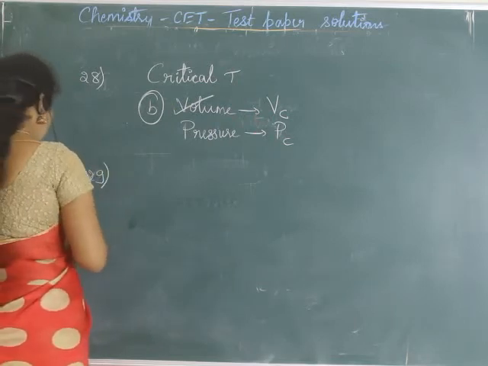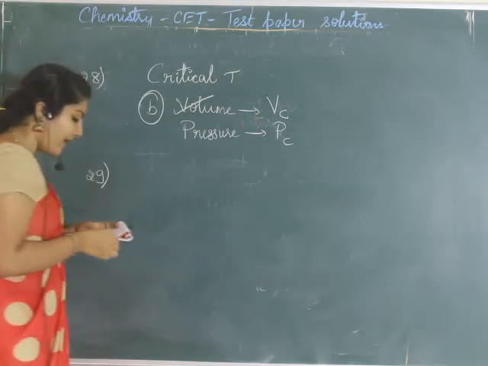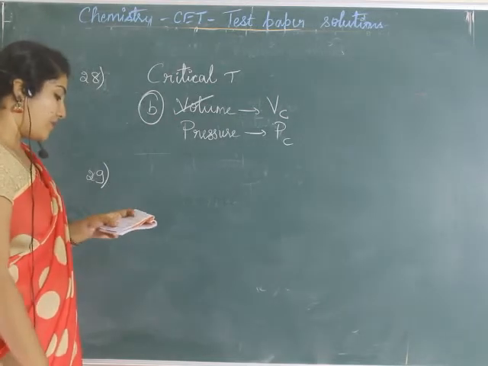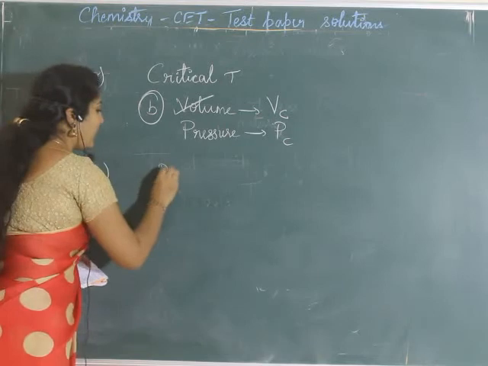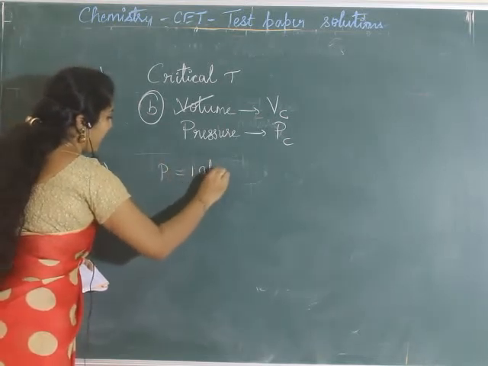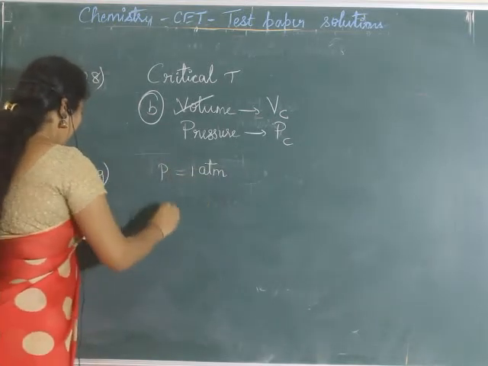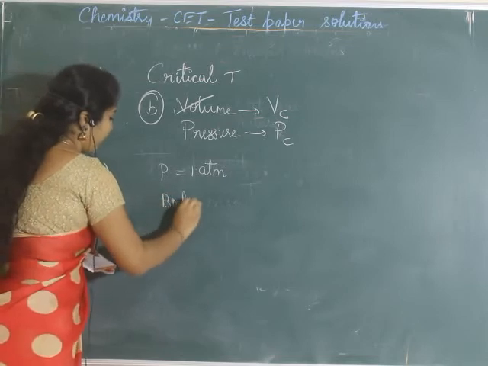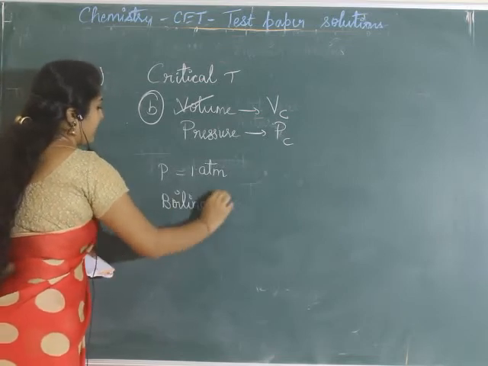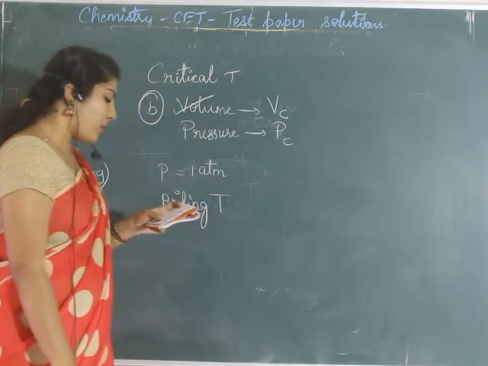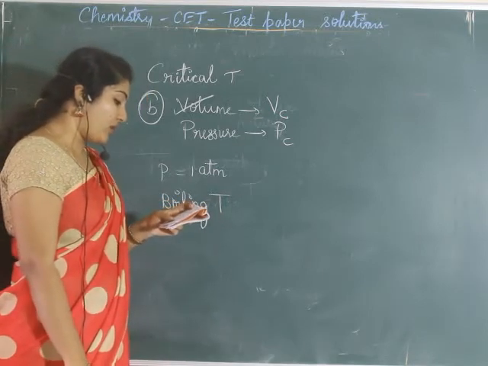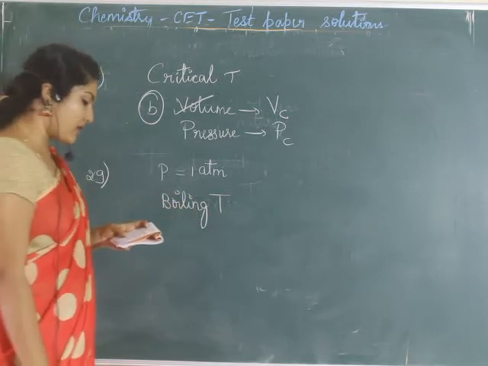29th question. At 1 atmospheric pressure, the boiling temperature is called: normal boiling point, Boyle's law, saturated vapor, equation of state.